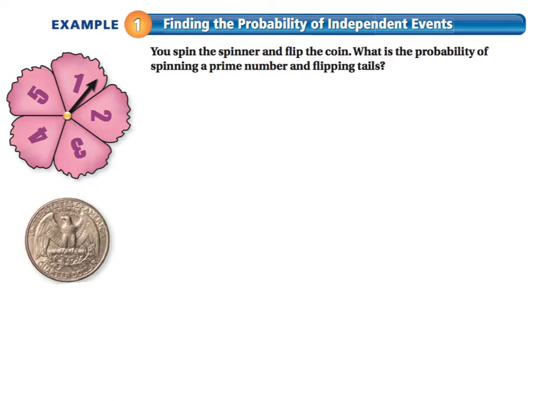So when we start this, we're going to do the probability of spinning a prime number. So we first have to identify all the prime numbers. Well, 1 is not prime, 2 is prime, 3 is prime, 4 is not prime, and 5 is prime. So we need to know that there are 3 prime numbers out of 5 possible outcomes. So our probability of spinning a prime number would be 3/5.